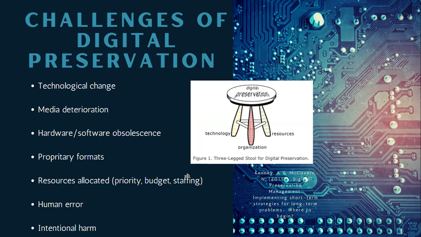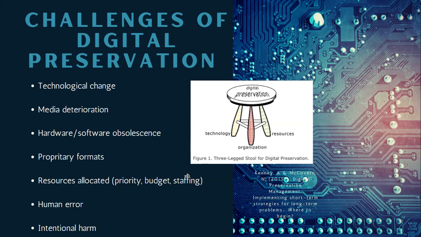It's an iteration of a document from Kenney and McGovern. I think it first popped up in 2015. It was super hard to find the first publication date, but the three-legged stool shows all three legs of challenges of digital preservation. Almost all of the challenges fit into one of these three branches: technology, organization, and resources.